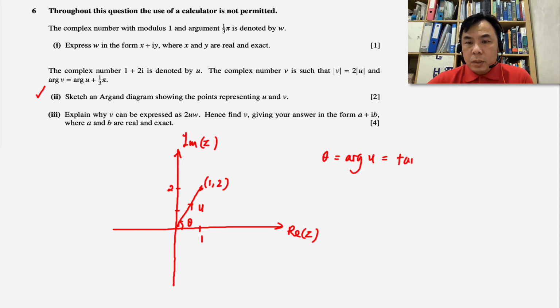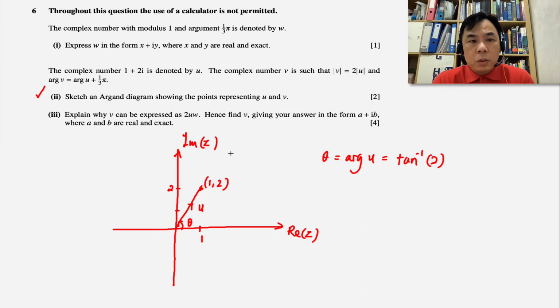It's basically tangent inverse of 2. If I were to use my calculator, that would roughly give me around 63 or 67 degrees. So roughly, I would know that it will look something like this. Next, I have successfully sketched my complex number u.